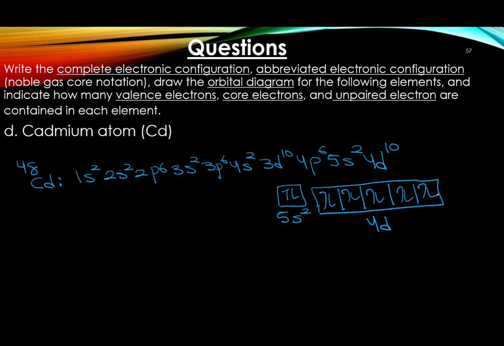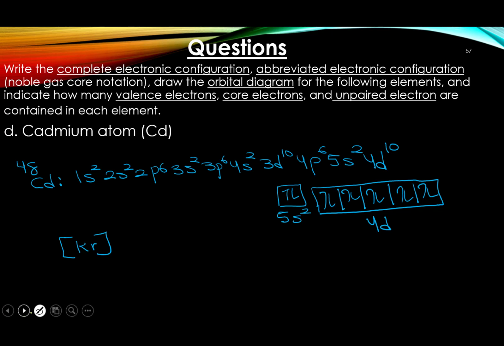Okay. Now for the noble gas core notation, we are always going to look at the noble gas that comes before cadmium. Before cadmium is krypton. Krypton is in row 4.